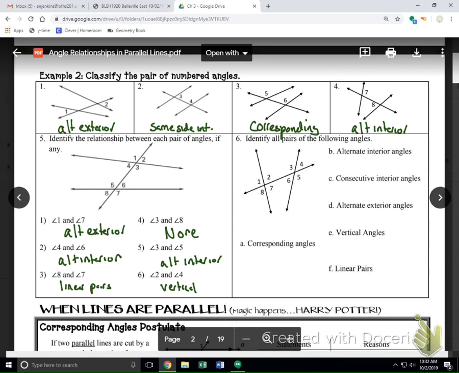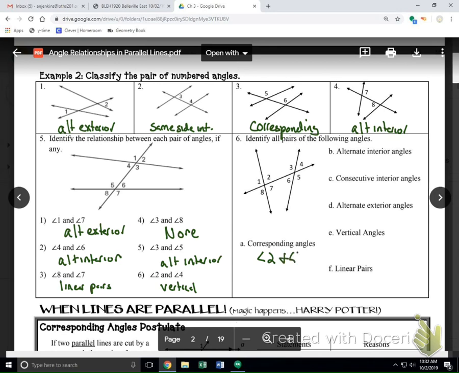So, I feel like everybody's done a really good job volunteering. Do we want to start over here? So, Kevin, can you tell me a corresponding angle? Same side of the line, above or below the transversal, right or left? 2 and 8. Those were vertical, but 2 and, so that's above the transversal to the left, 2 and 4.